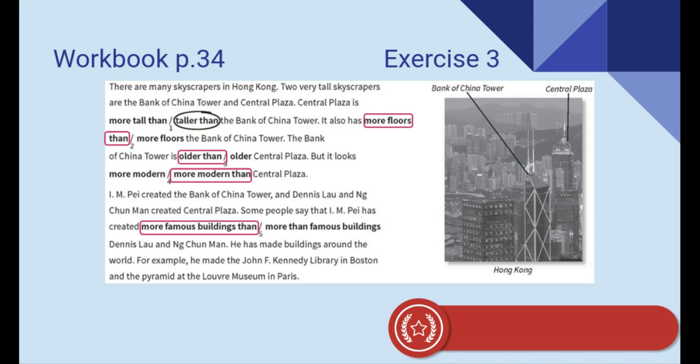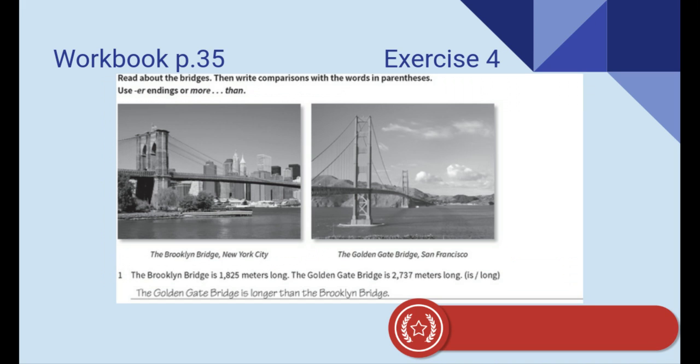Great! Now, continue working in your workbook, but this time, page 35, exercise 4. Read about the bridges, then write comparisons using the words in parentheses. Use ER endings or more than. So, we are using the usual comparative adjectives. Look at the example.